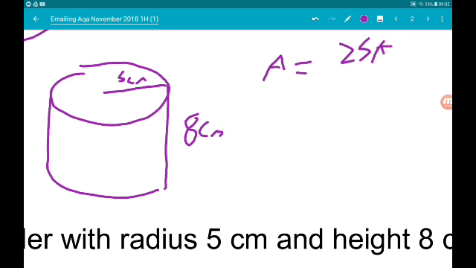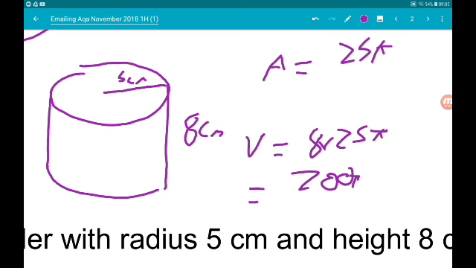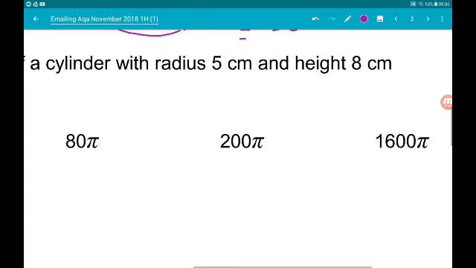Then for the volume of the cylinder, we do the area of the circle times the height. So 8 times 25 pi gives us 200 pi centimeters cubed. That's in my formula video, of which you can also get a PDF down below.